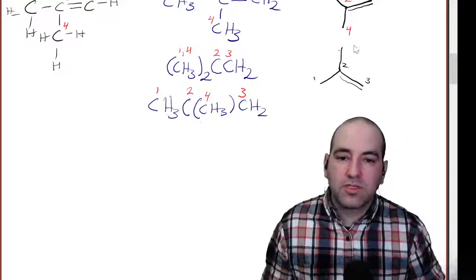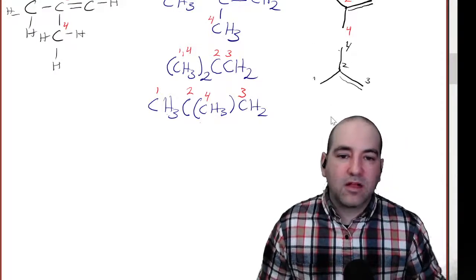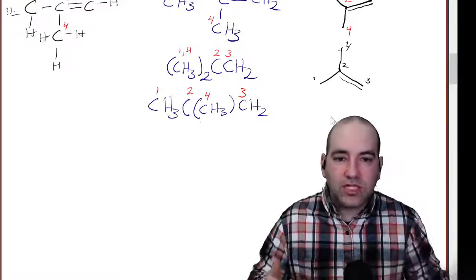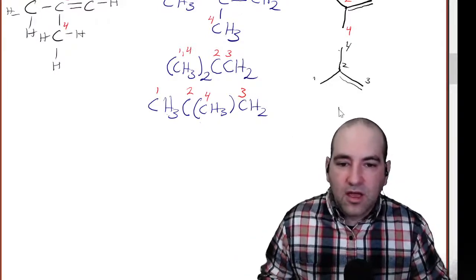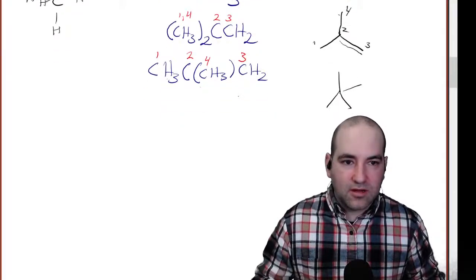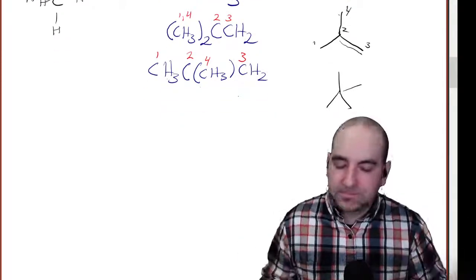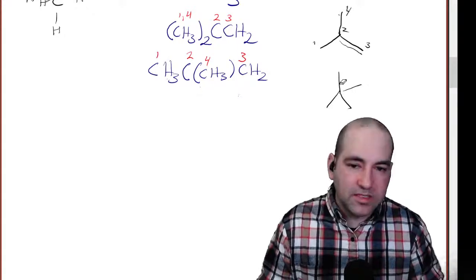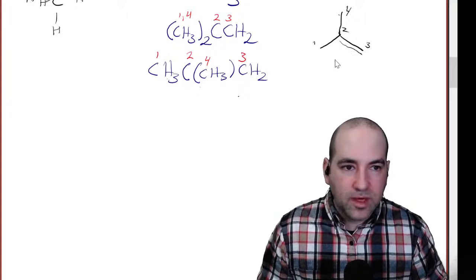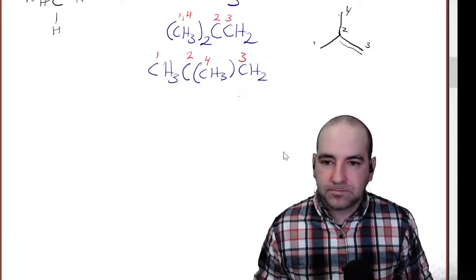So a good rule of thumb is to always spread out the angles as much as you can. They'll usually look like these kind of tripod shapes. If you have 4 things connected, you'll get a shape like this where everything's pretty spread out. Just try to spread the bonds out as much as you can. I wouldn't say that it's wrong if you put it this way, but you wouldn't see it that way.